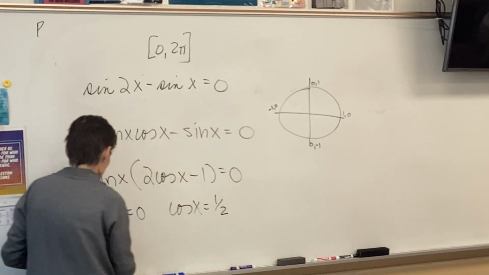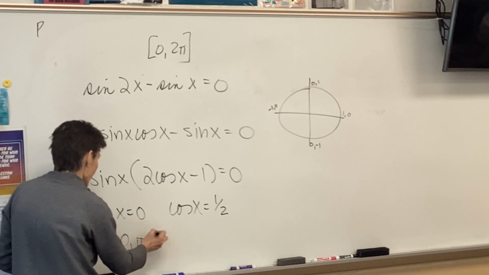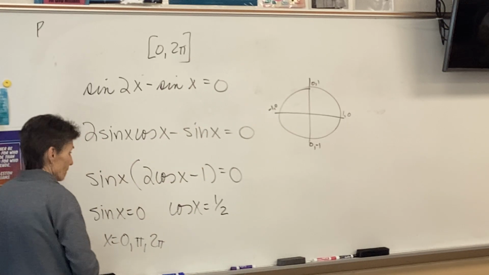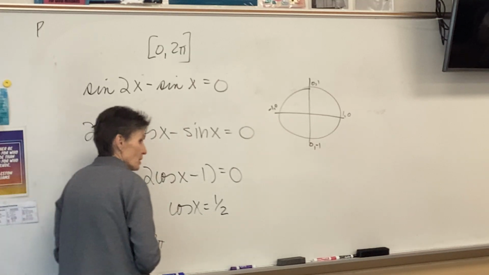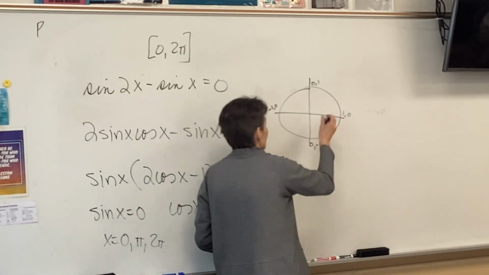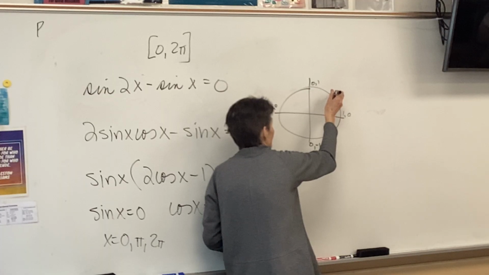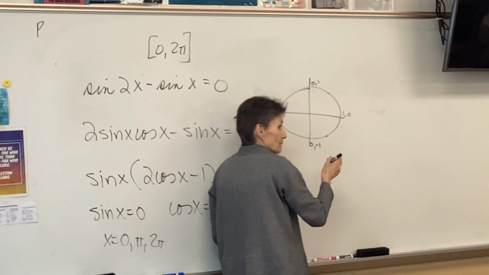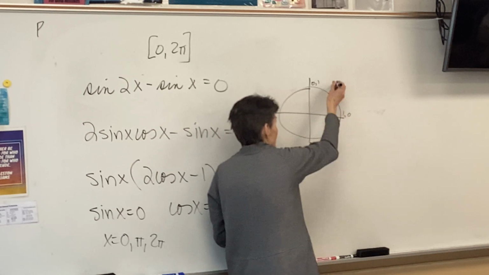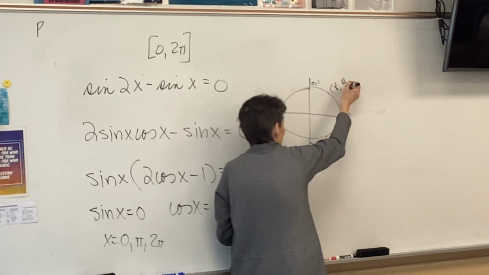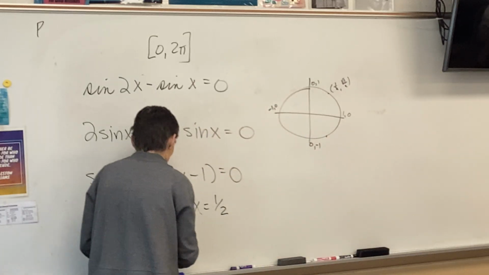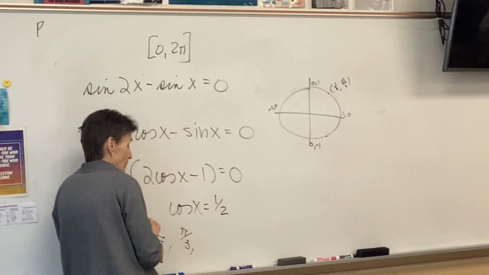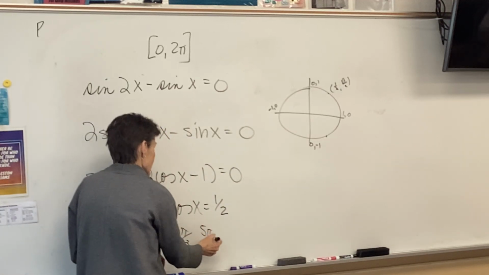So this is 0, pi, and 2 pi, because 2 pi is included in these instructions. Now, where is the cosine 1/2? Here or here, right? What angle is that? The cosine is 1/2. That's pi over 3. So we have pi over 3, and then in the fourth quadrant, 5 pi over 3.